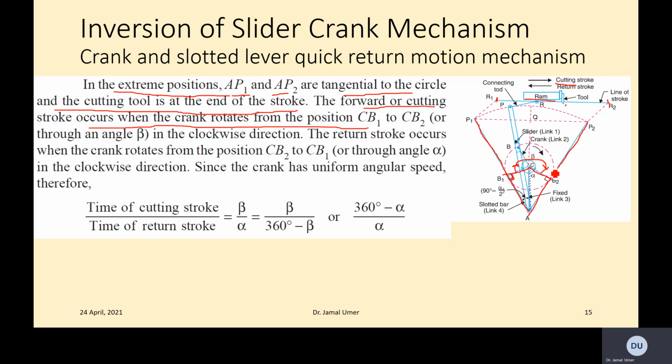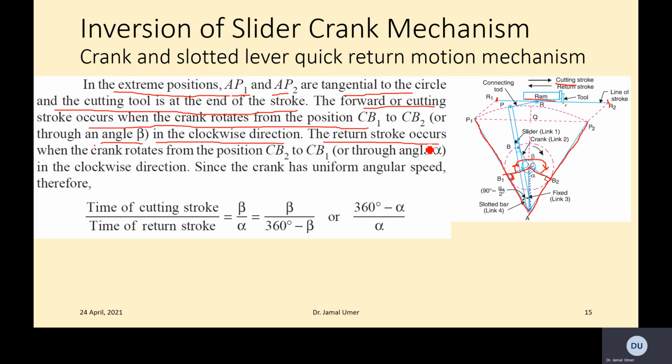So it is moving from CB1 to CB2, and of course the link P moves from P1 to P2, and then the RAM itself is moving from R1 to R2, through an angle beta in a clockwise direction.